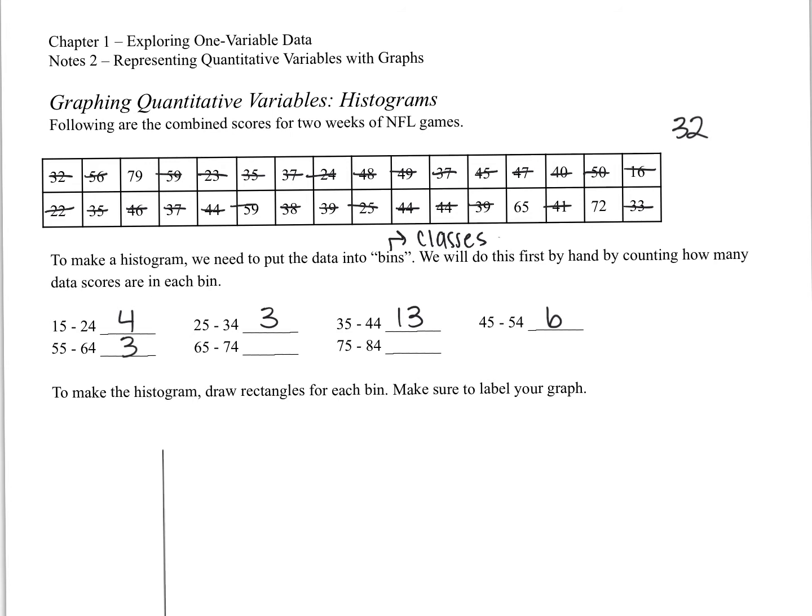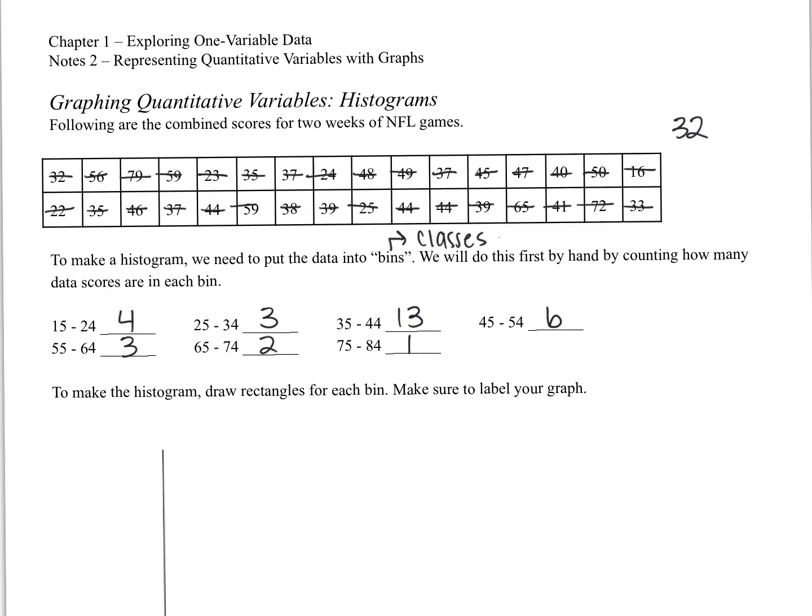Which there are 3. 65 to 74, which there are 2, and then 75 to 84, which there is 1. And then just to double check, I can add up my numbers in each class to make sure that I have 32 numbers, in which case I do.